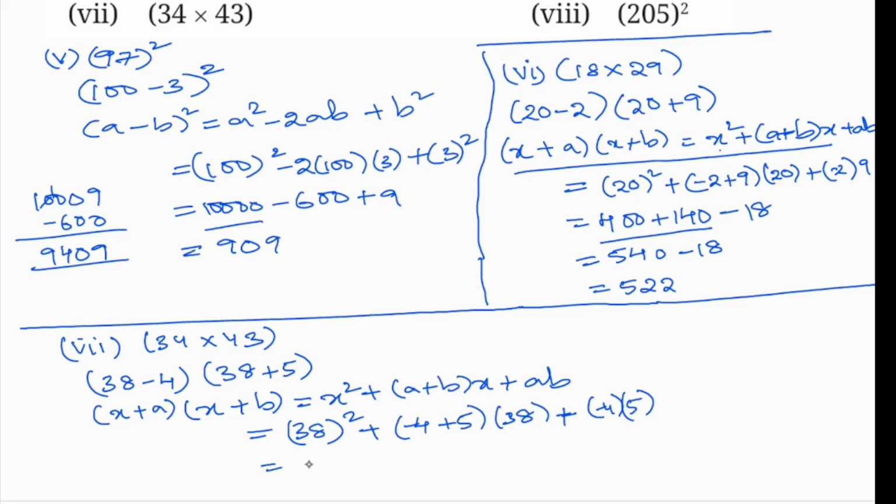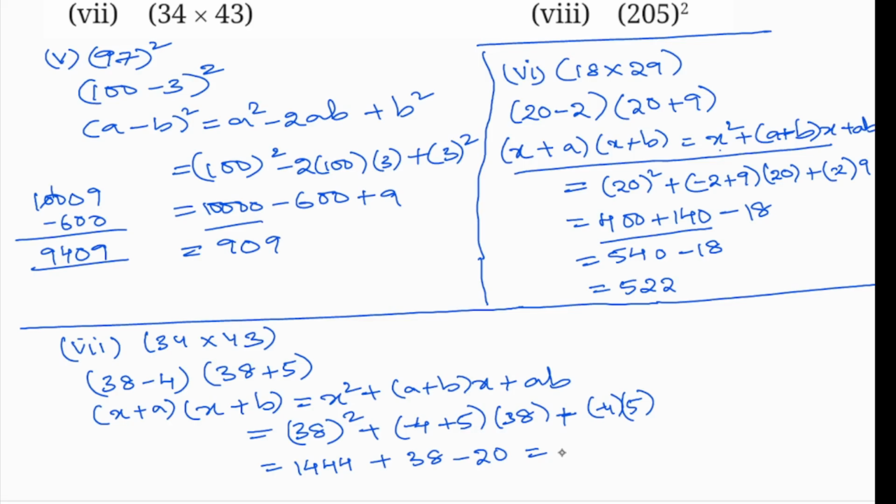So 38 square is nothing but 1444, plus 5 minus 4 is 1, 1 into 38 is 38, plus into minus is minus 5 fours are 20.